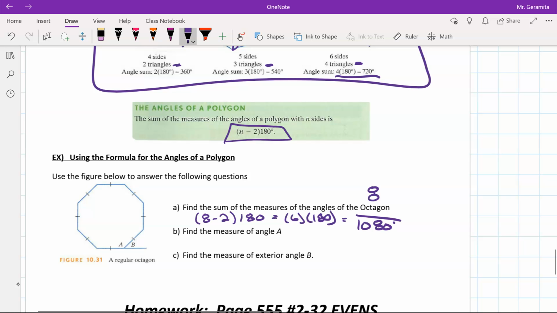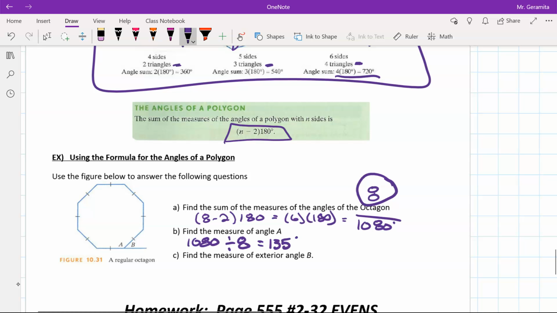To find angle A, I want to find the measure of one of those angles. All of those angles are the same measure. I know that there are 8, so I'm going to take 1080 and divide it by 8 to get one angle measure. And that's going to tell me that each one of these angle measures is 135 degrees.